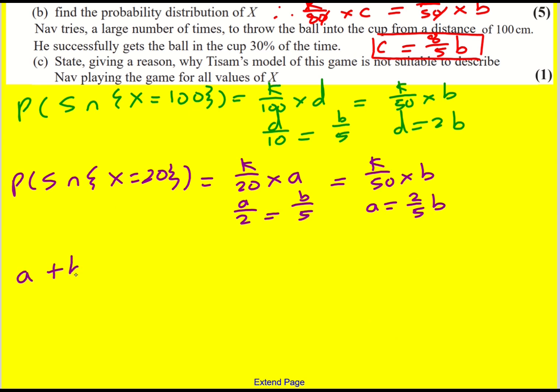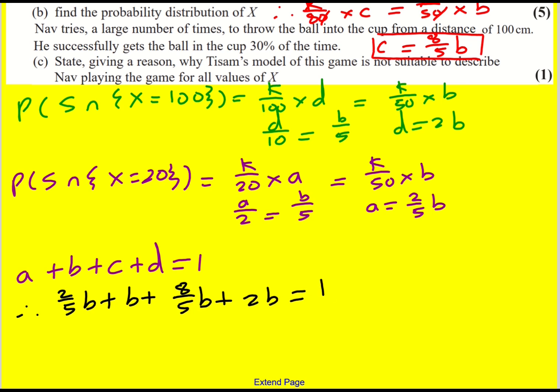So a plus b plus c plus d equals 1. Therefore, 2/5 b plus b plus 8/5 b plus 2b must equal 1. That gives 5b equals 1, so b is equal to a fifth.